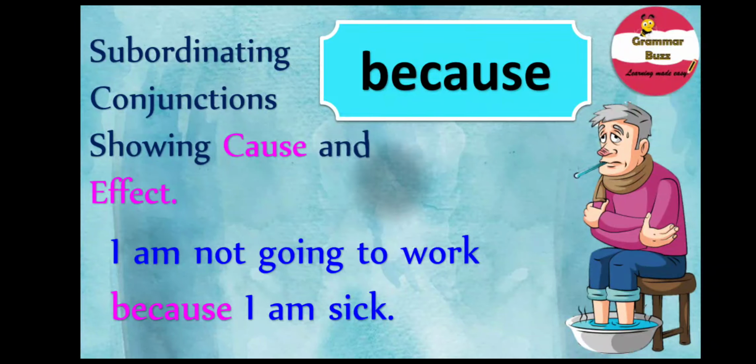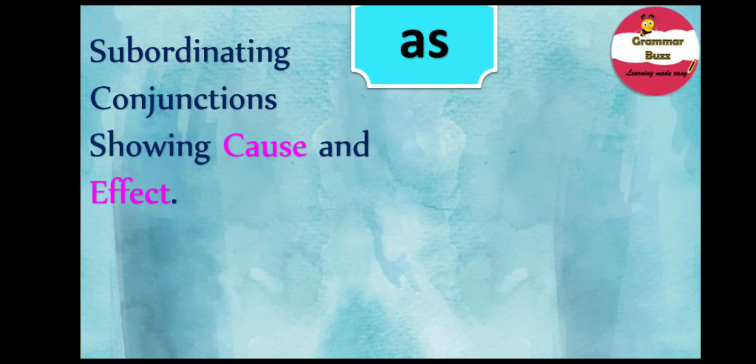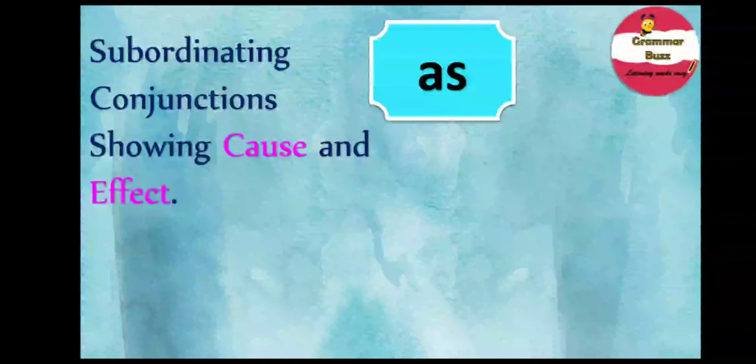Let me give you another example that shows cause and effect. And that is as. So as is the next subordinating conjunction in our checklist. Just like because, this too shows a cause and effect relationship between two sentences.